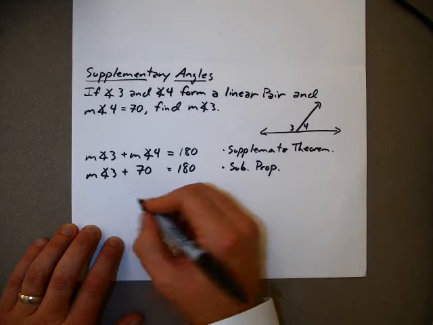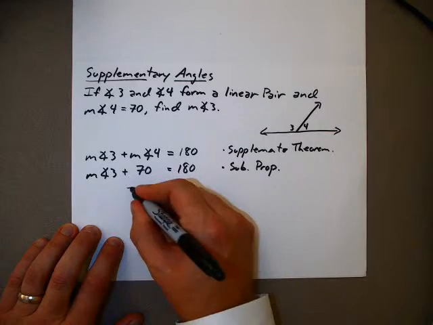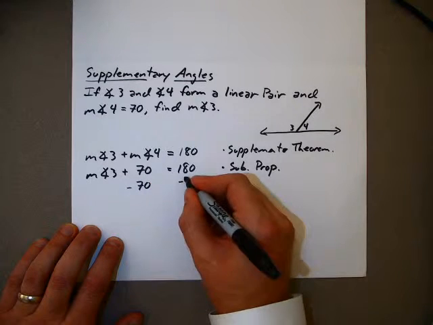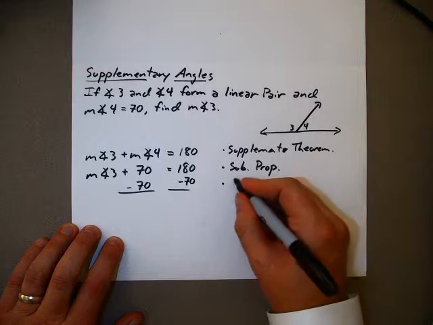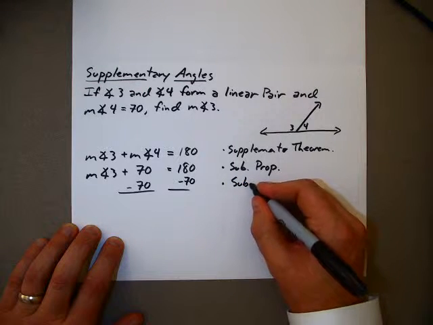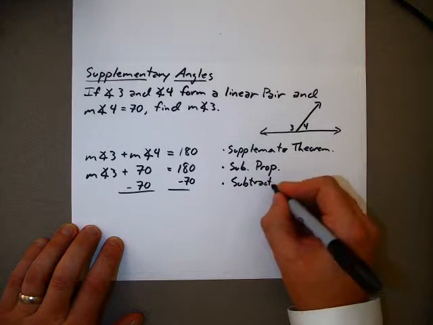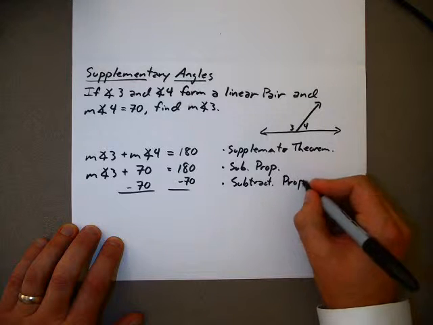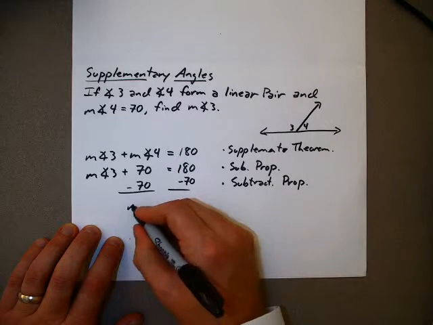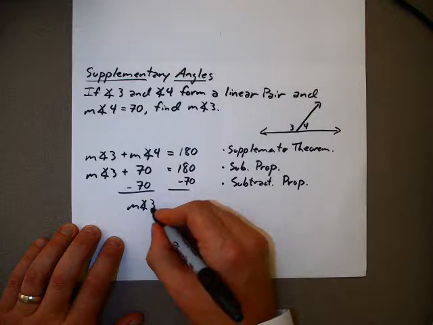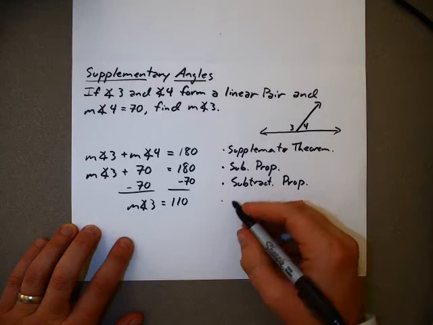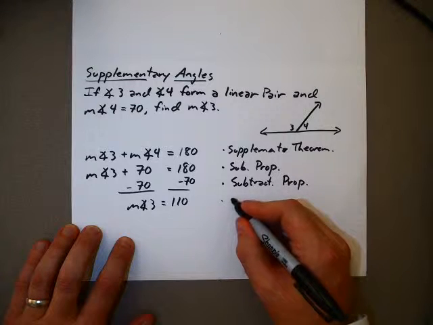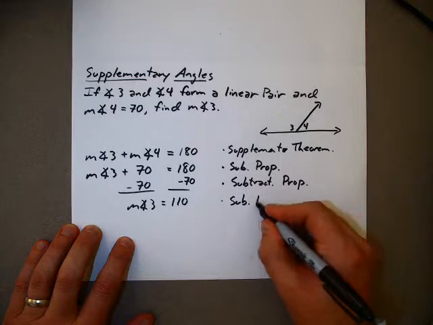Now I'm going to isolate the measure of angle 3, so of course I have to subtract, and that is the subtraction property. So I'm left with the measure of angle 3 equals 110, and this is again the substitution property, because we're simplifying.